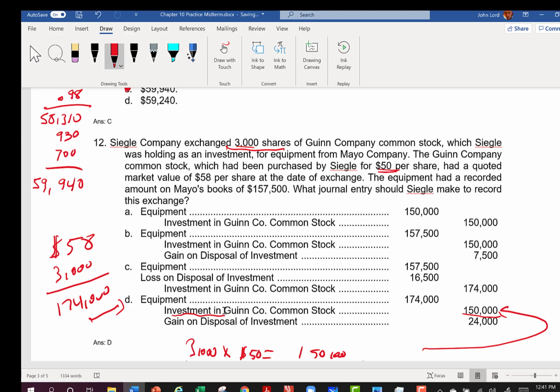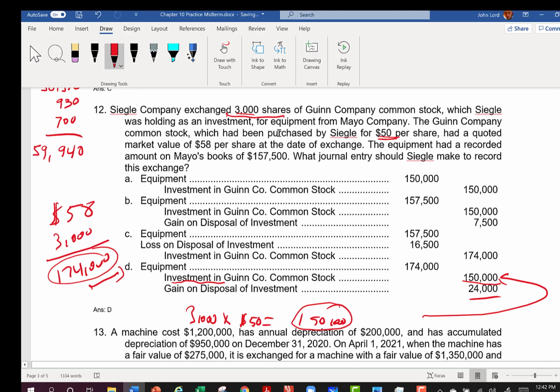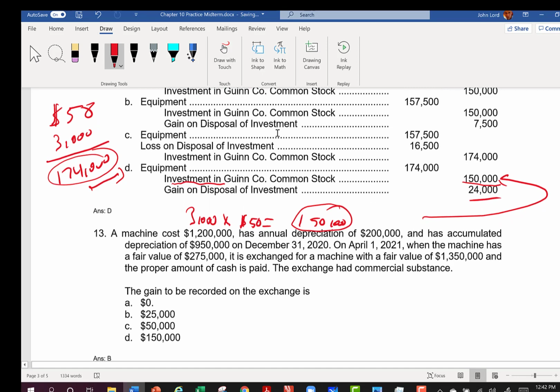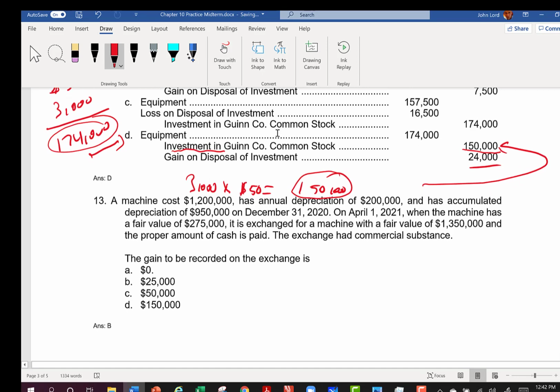So now I just have to figure the gain on this, which is the what? The 150,000 original cost of the asset versus the fair market value of 174,000. That difference equals the 24,000. But you knew that as soon as you got the equipment. You value it at the value of the stock that you gave up in this transaction.